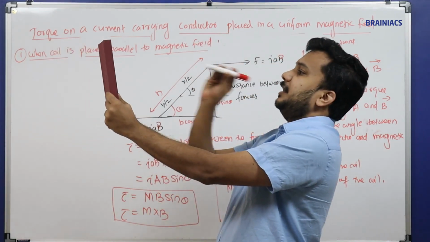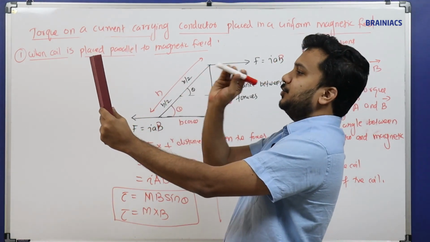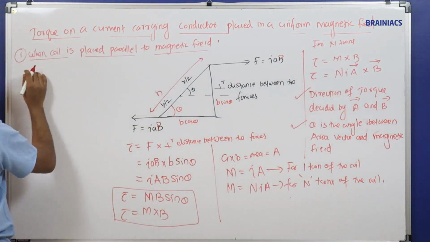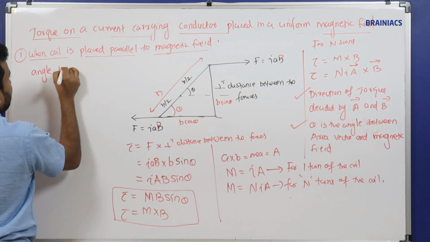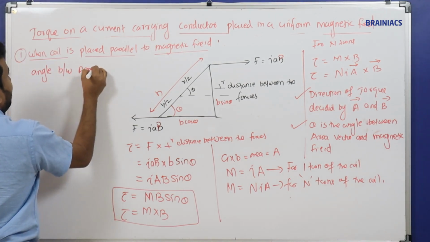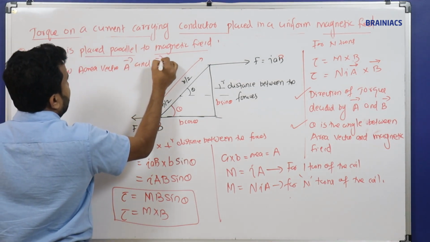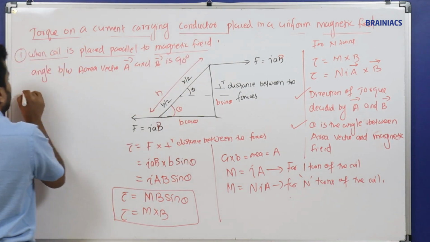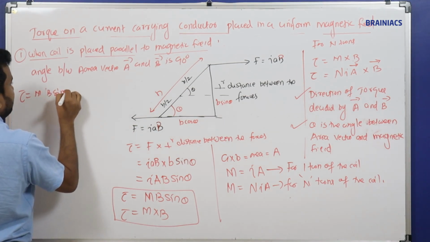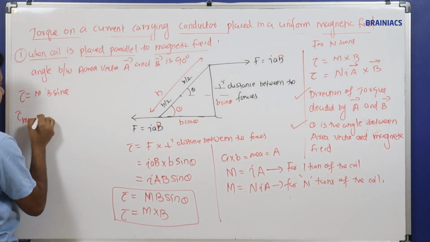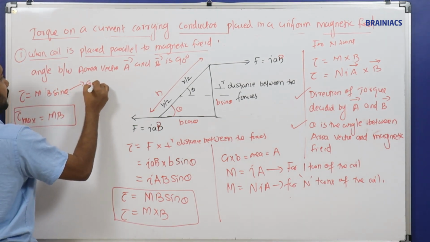So in that case, angle between area vector and magnetic field is 90 degree. So torque is equal to MB sin theta. You will get maximum torque, torque is equal to MB, because theta equal to 90 degree.